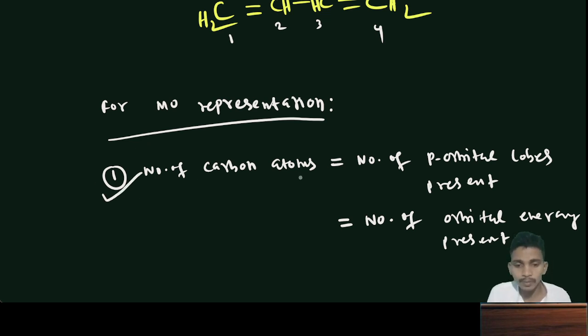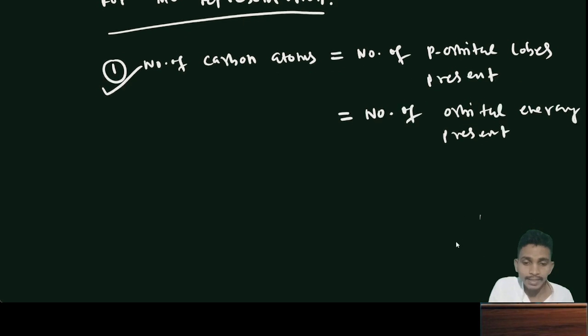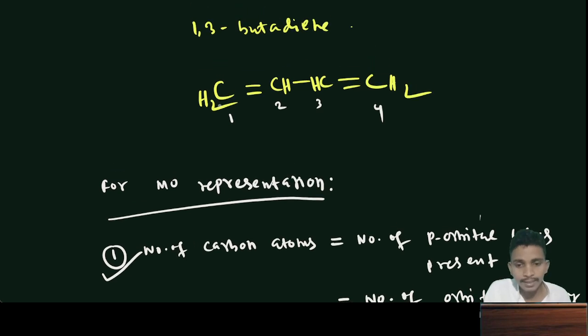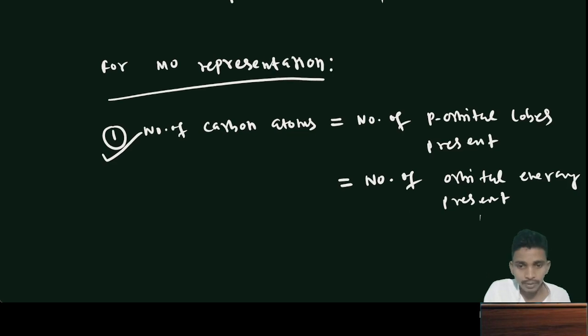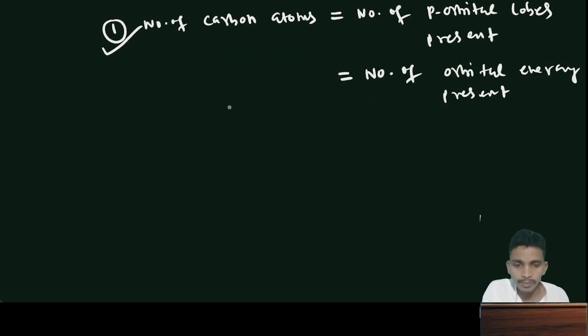First we look at the number of carbon atoms. From that, the same number of p orbital lobes we will make, and the same number of orbital energies also we will make. Here we have 4 carbon atoms. So we will make an energy axis like this, with energy in increasing order.